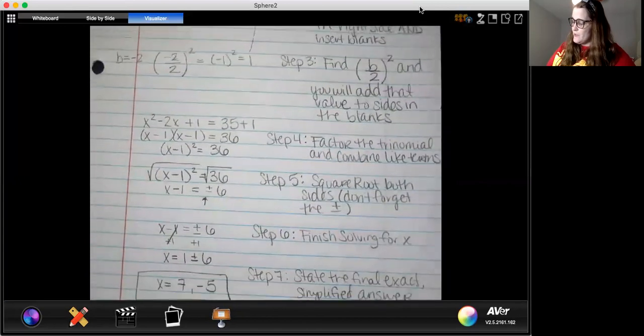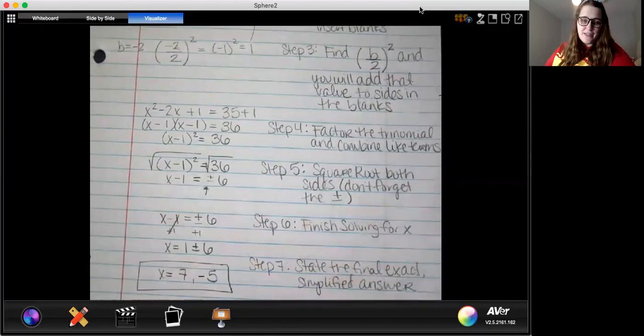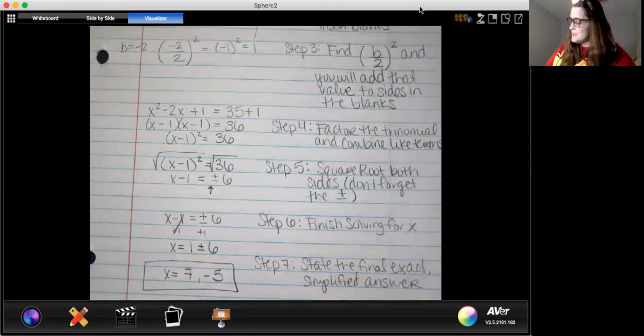Step 5, you're going to square root both sides, not forgetting the plus or minus aspect when solving. And then to finish solving for x, you add or subtract whatever with x. And then finally, simplify your answers. And in this case, we have 7 and negative 5 as our final answers. And that is completing the square.